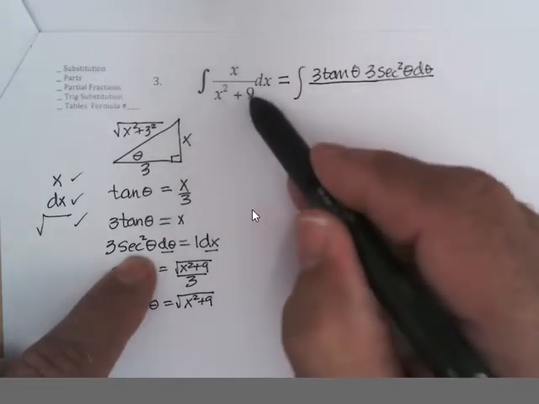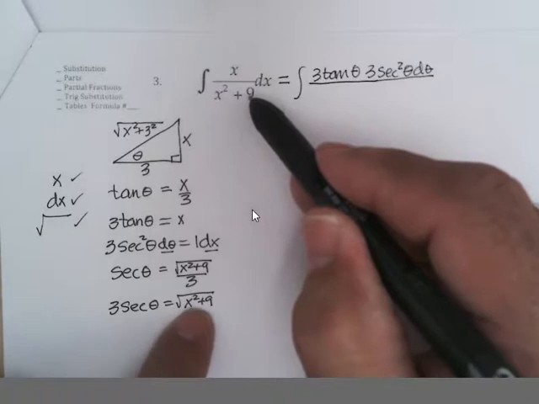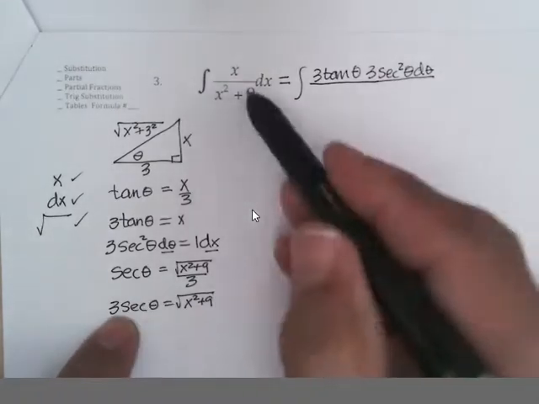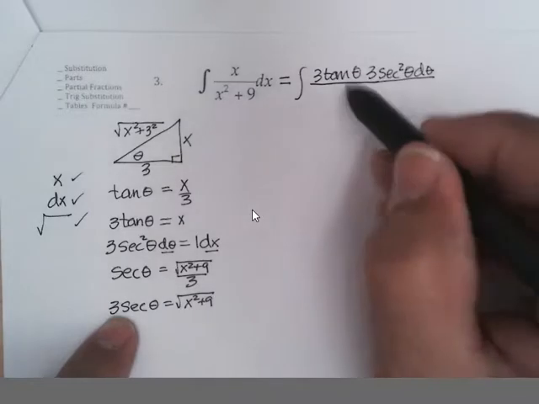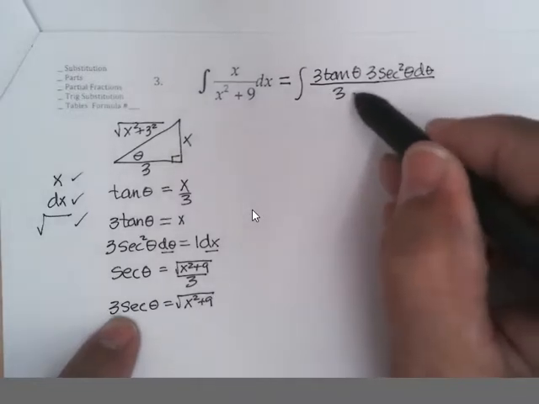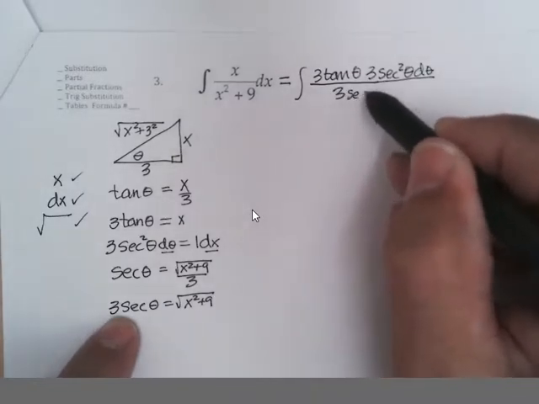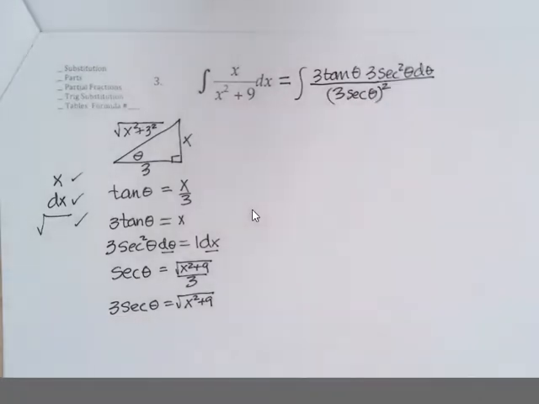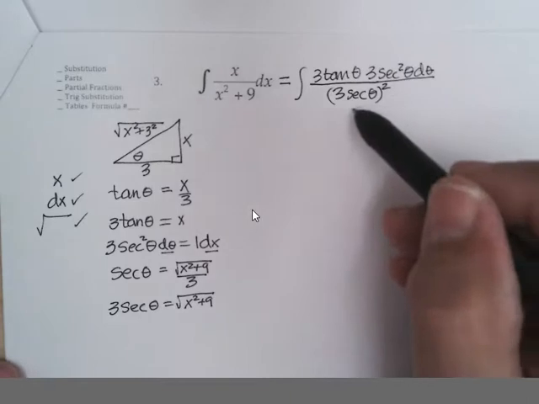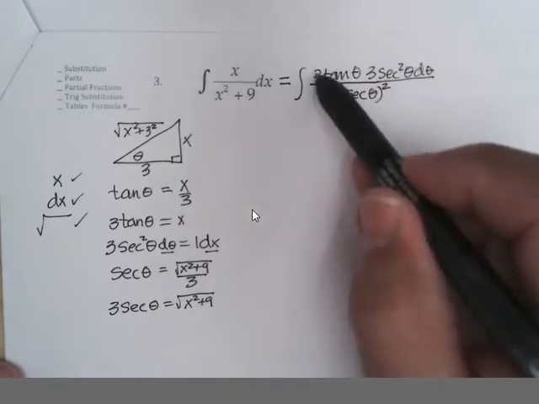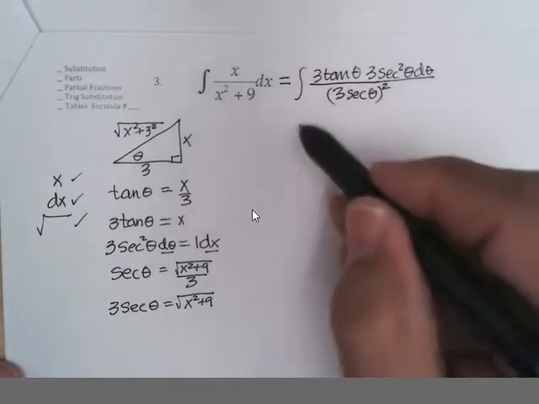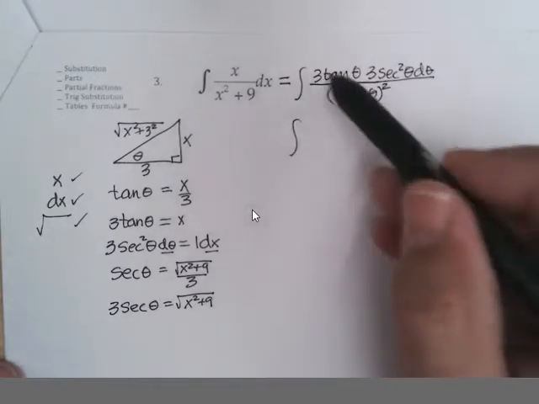What's the x squared plus 9 become? Well, the square root of it is this, so I'd have to square both sides to get that. So it'd be 3 secant theta quantity squared. Now let's simplify. So I got 3 and 3, and then I have 3 and 3 here because of the square. So all the 3's cancel. So there's no constants.